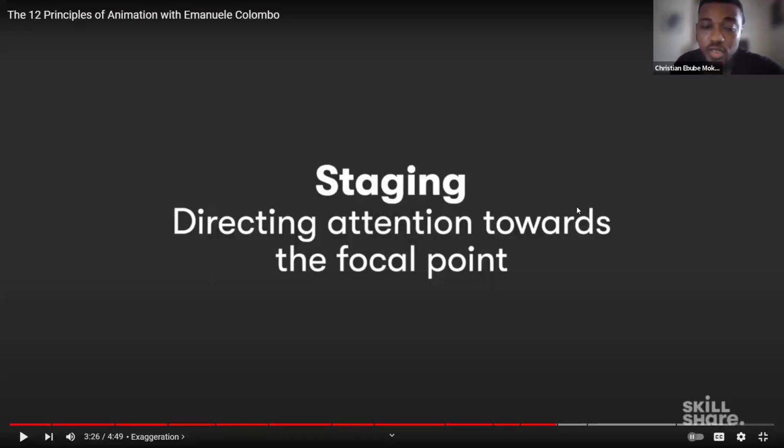So exaggeration is basically taking something that looks very simple and stretching it beyond its boundary, right? For example, I'll use a human character. I know we've seen Tom and Jerry, right? Tom and Jerry uses lots of exaggeratedness within the animation itself. A pressing iron falls on his face and it goes flat.